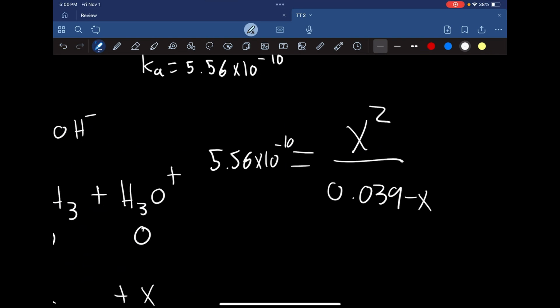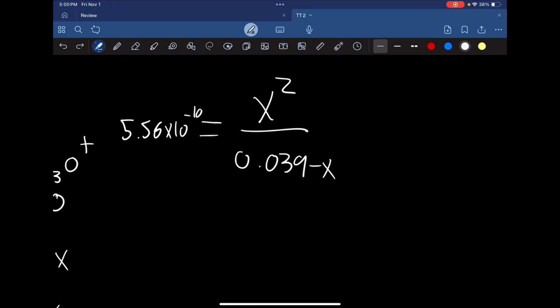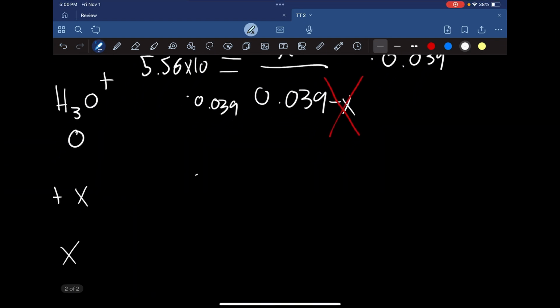So since this is a very small number right here, we could do the small x approximation, which means that we can forget about this x. So now that we forget about that, we can multiply both sides by 0.039, which when we do this, we get 2.1684 times 10 to the negative 11 equals x squared.